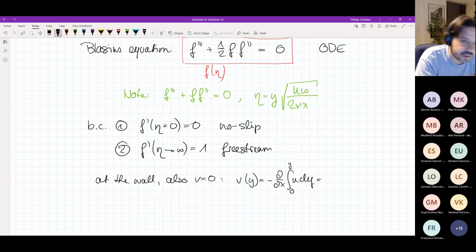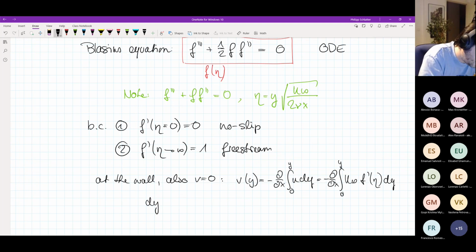Now we can do that. Now we know what f is. It's minus d/dx of the integral from 0 to y of u infinity times f prime of eta dy. And of course, now we need to work a little bit here to make that work. We need to replace this dy with the eta, and of course this we already have done implicitly before.